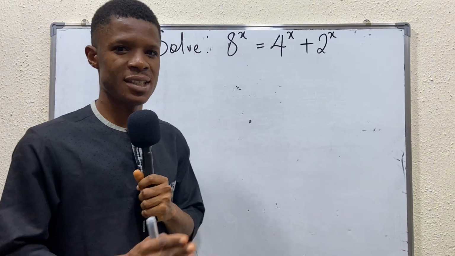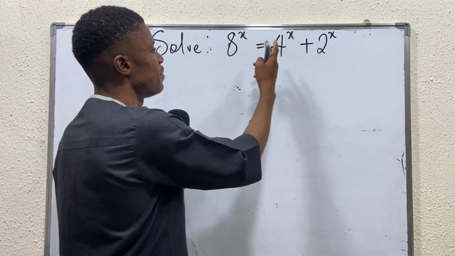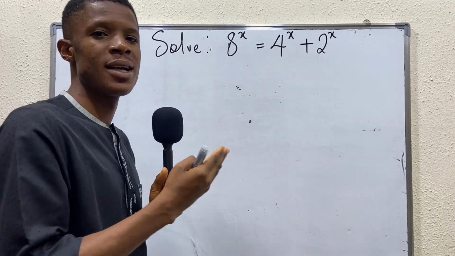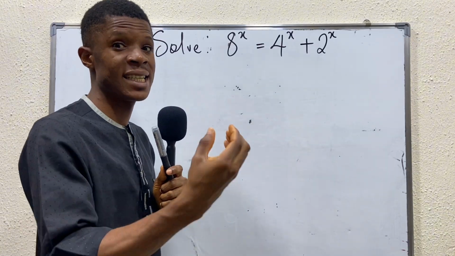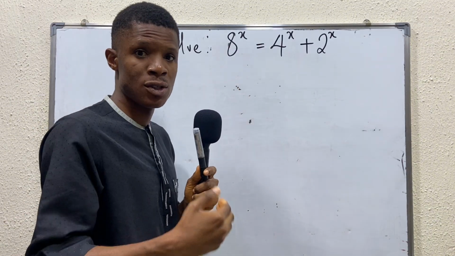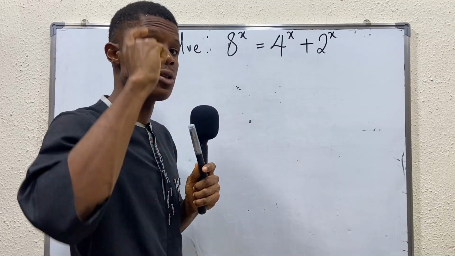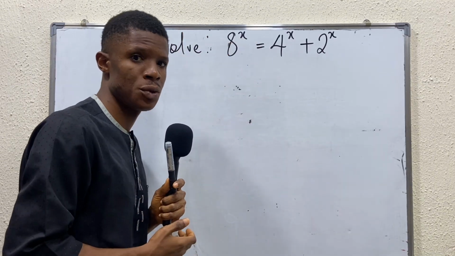For us to solve this is very simple. Look at the numbers. We have 8, 4, and 2. These numbers are not of the same base, but in simple simplification, we can express them in the same base, because 8 can be expressed in powers of 2, and 4 can also be expressed in powers of 2.